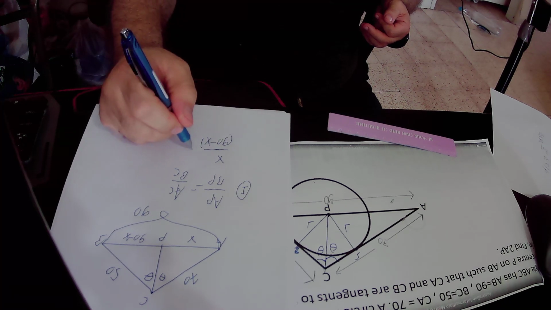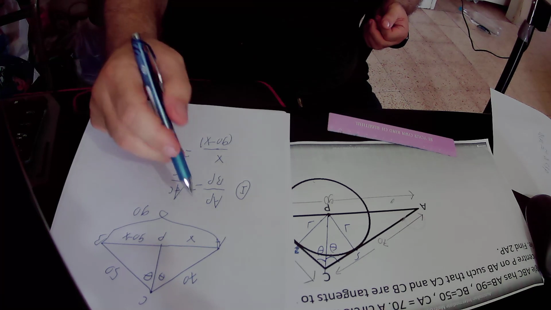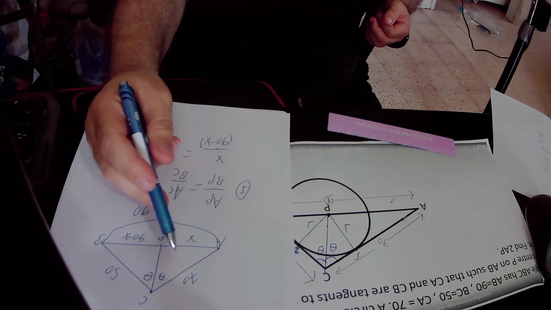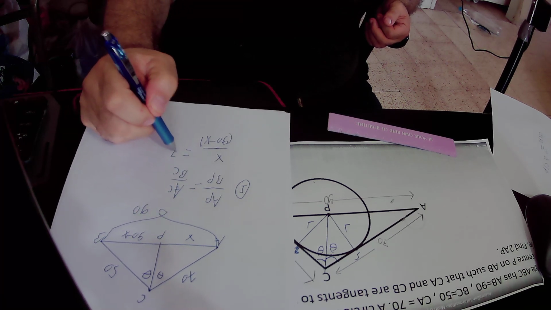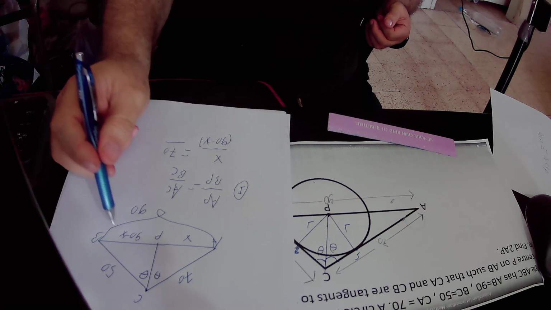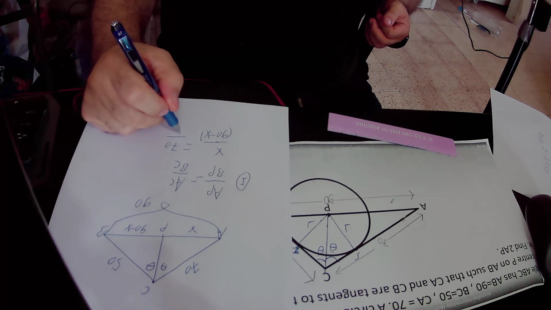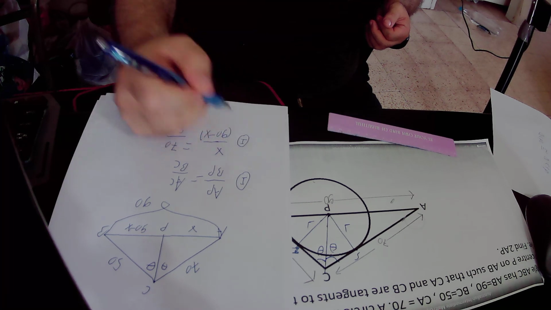So it equals AC over BC, but the size of AC is given to us. It is 70 units over BC, and BC also is given to us. BC equals 50 units.